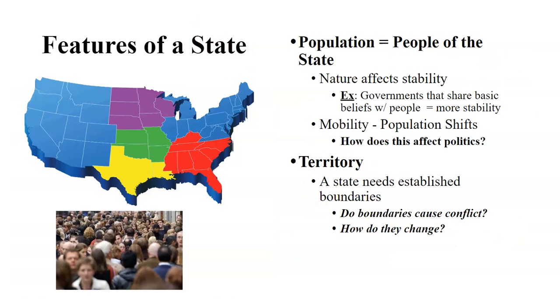All right, so we're going to get into the four features of a state. You have two here on screen, and we'll move on to the next two. The first feature of a state is population. You have to have people. If you don't have a population, then the state doesn't exist. Now, there's two key things to understand with population. The nature of your population can affect stability. What does that mean? It means that a government has to share its basic beliefs with people to be more stable.